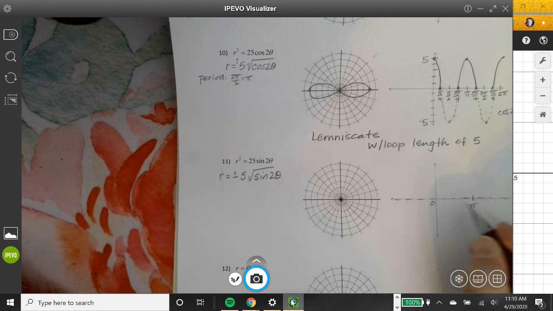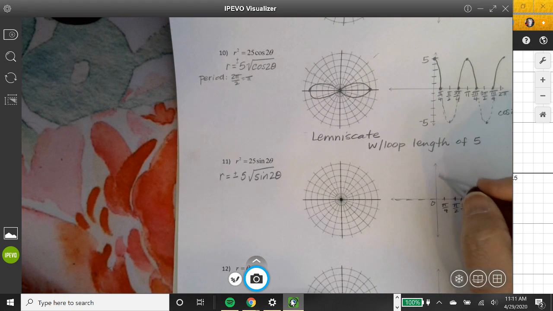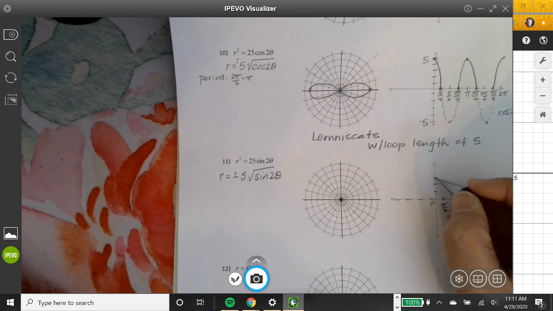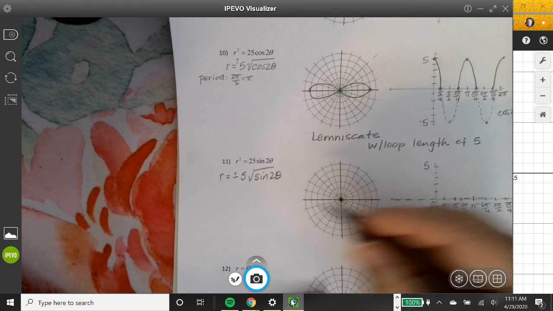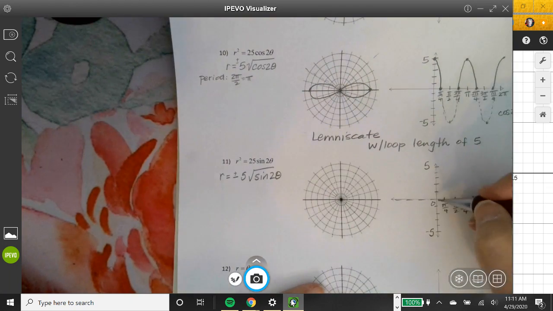And pi here, we get pi over 4, pi over 2, 3 pi over 4, half, half, half. And then we get 5 pi over 4, 3 pi over 2, 7 pi over 4. Okay, and we're going to go up 5 and down 5. 1, 2, 3, 4. So this is negative 5 and this is 5. And I'm starting at the pole because this is a sine curve.